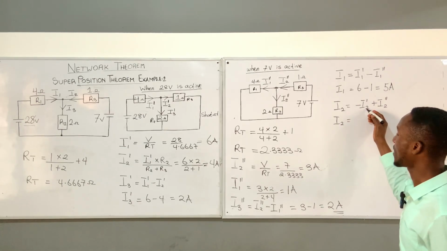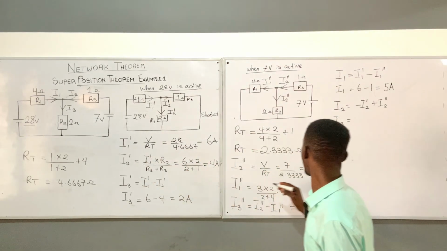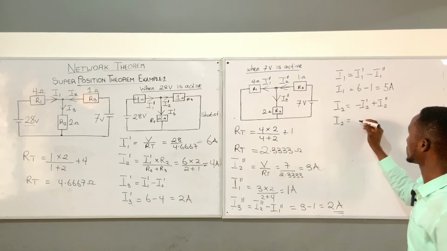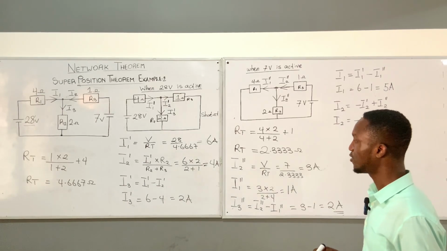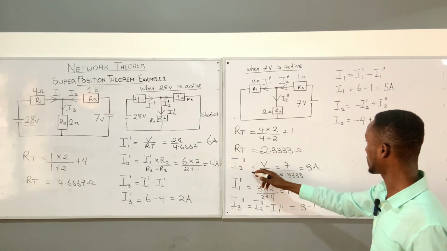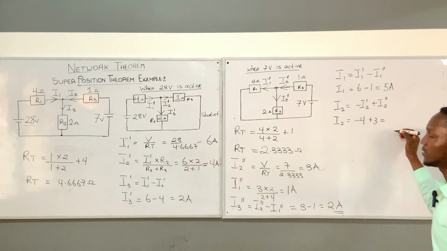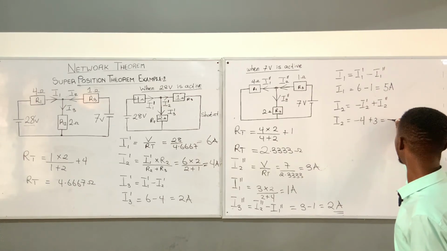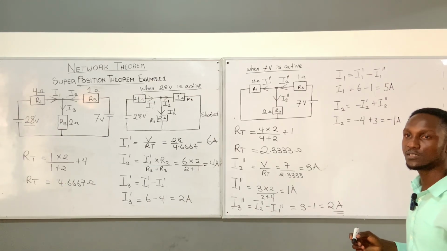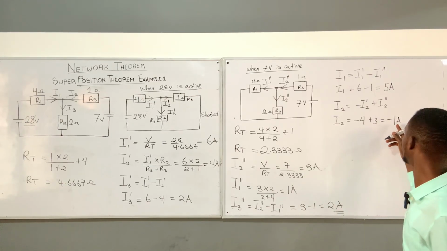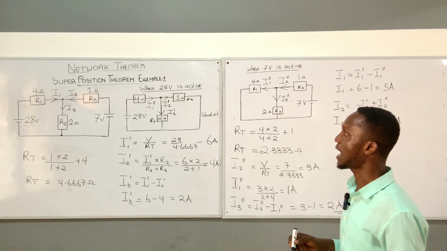What is the value of I2 prime? The value of I2 prime here is 4 amps, but we have to negate it. So we have minus 4 plus the value of I2 double prime, which is 3. So here, the value of this current is negative 1 amp. You explain the reason why the value is negative.